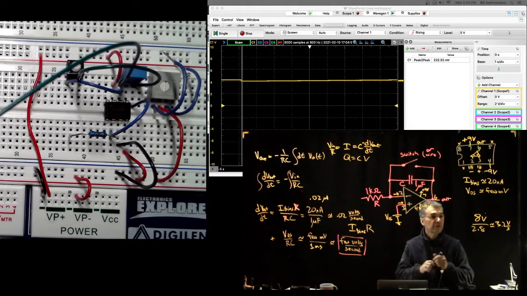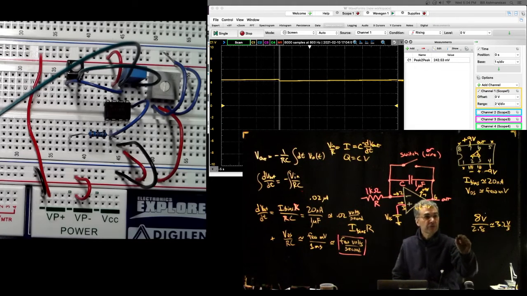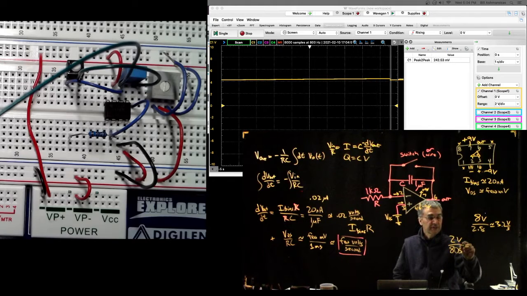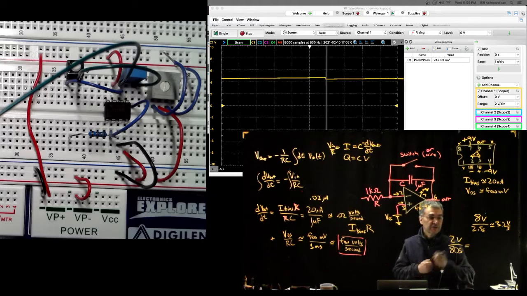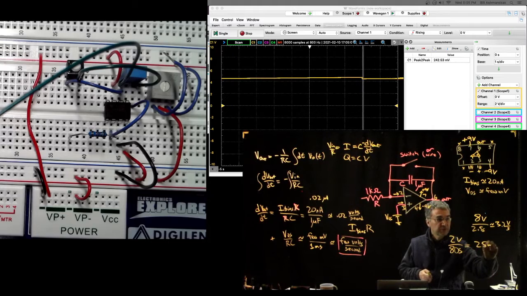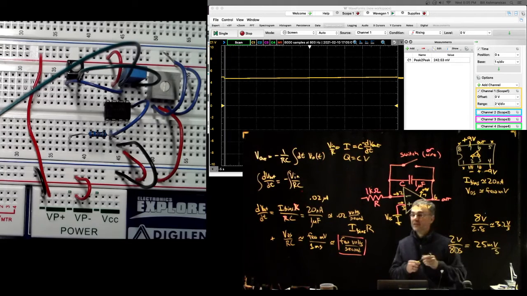Yeah, so I saw that I got about 2 volts in about 80 seconds, about 1 minute and 20 seconds. So that's a 40th of a volt per second. So that's 25 millivolts per second.